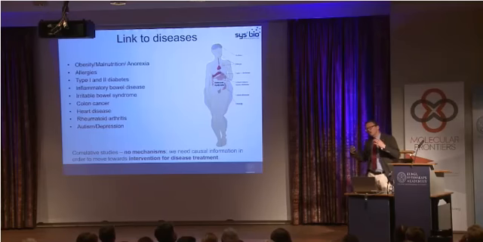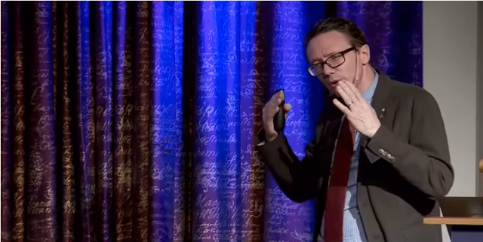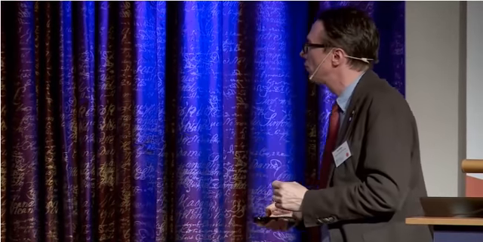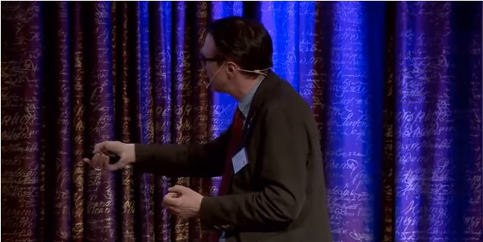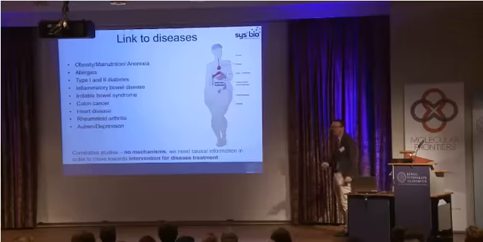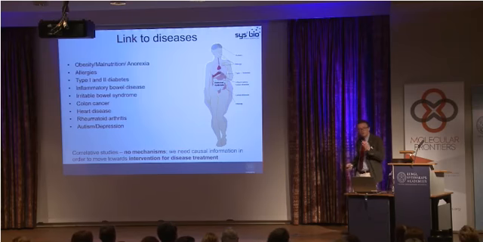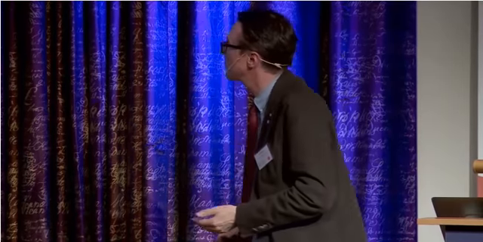And we don't know exactly what is the cause, but this is what we can begin to study and go into. As I said, most of these studies are correlative studies. We don't have any mechanisms, so we really need causal information. And if we get causal information, we can of course also begin to get an opportunity to intervene. We can begin to give bugs to people to cure them.